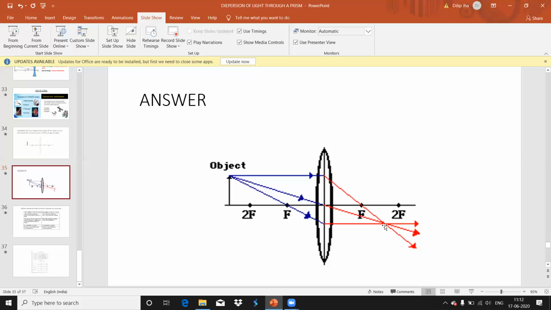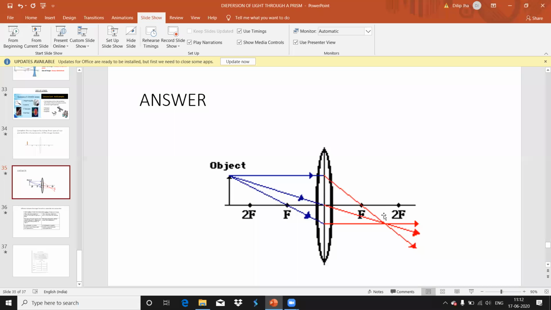And here you will see that all the 3 rays actually meet at a point. और ये point कहाँ पर है? Between F and 2F. The image is formed between focus, यानी कि secondary focus, and 2F.